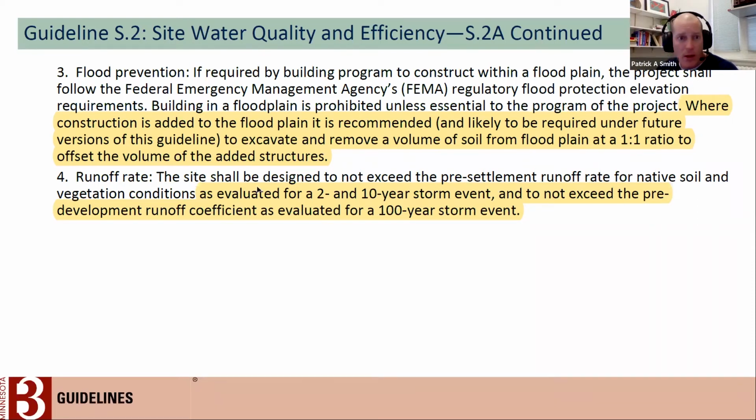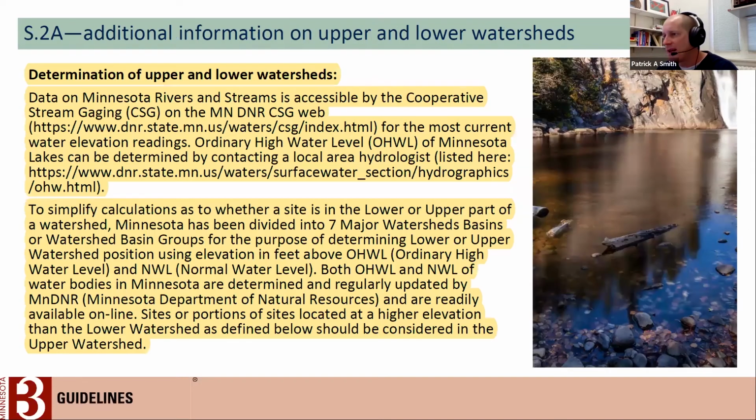Okay. Additional information is available for the upper and lower watersheds. This is listed in the guideline updates. Again, I posted the PDF of that redline document in the chat previously. That includes more specifics that are not listed here, and gives additional guidance on how to consider things, whether relative to uplands or lowlands of the watershed.